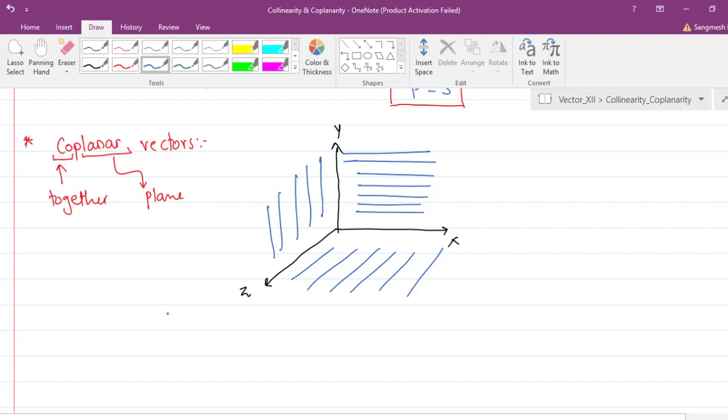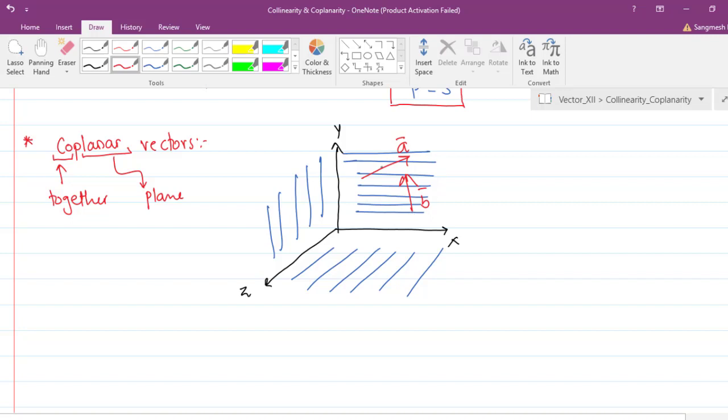Now any two vectors which are lying on the same plane, say the xy plane. Suppose you have these two vectors, a bar and b bar. Now these two vectors are lying on a single plane. Means what? They are coplanar vectors.